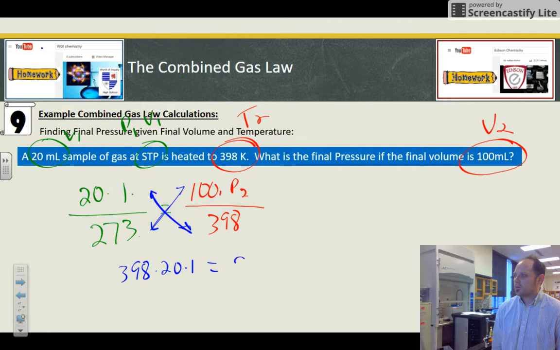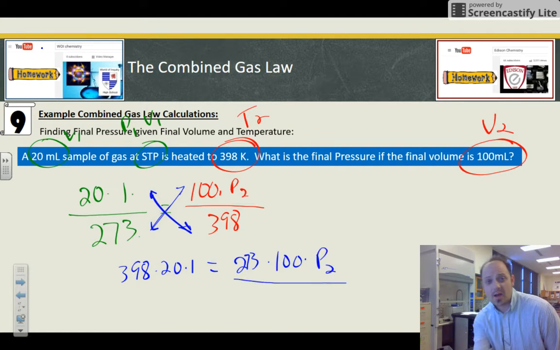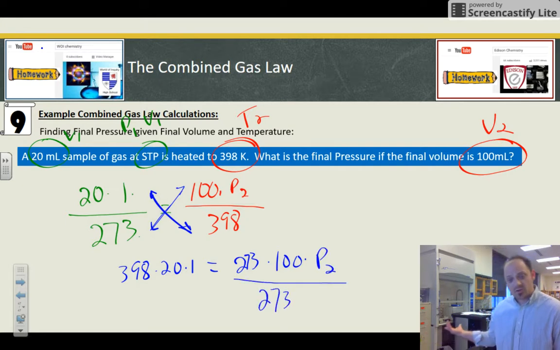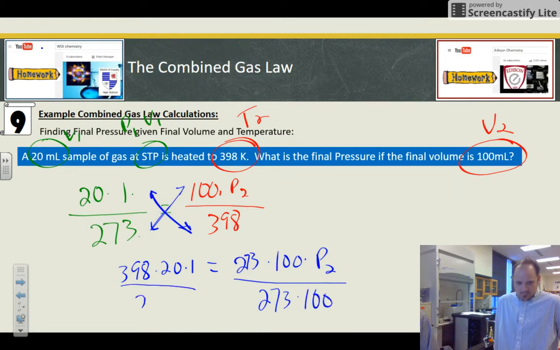So now 273 times 100 P2, and then I gotta divide by that. This is the step he's saving when he multiplies by the 273 reciprocal. When I divide both sides by 273 times 100, these cancel and these cancel, leaves me with this.